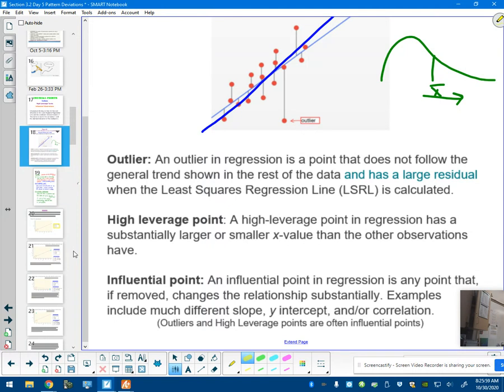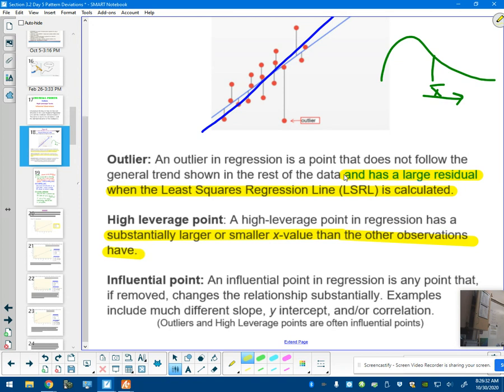Yes. So I would like you to highlight for outlier, has a large residual when it's calculated. And you want to highlight the same thing on page 11 where it says outliers, has a large residual. For high leverage point, we're going to highlight substantially larger or smaller x values than the other observations have.